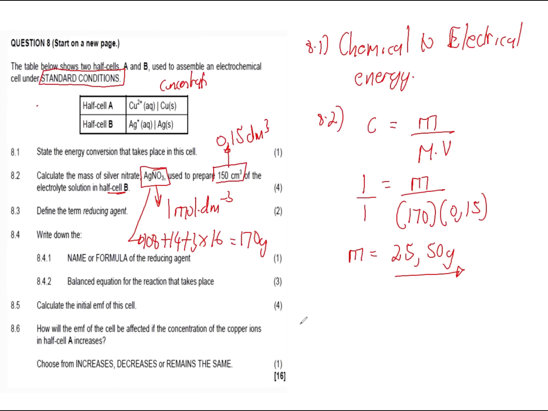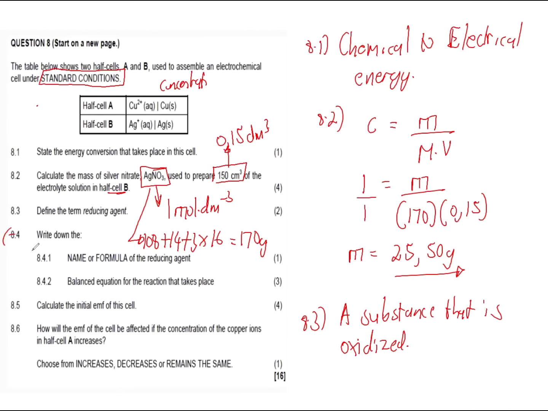Right. Then 8.3 says, define the term reducing agent. So we've been saying it. A reducing agent is a substance that is oxidized, right? The substance that is being oxidized is the reducing agent. Note, reducing agent undergoes oxidation, oxidizing agent undergoes reduction.